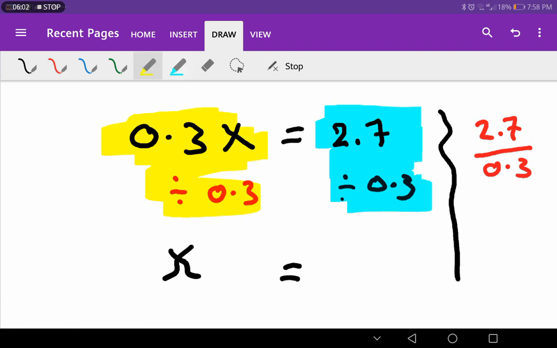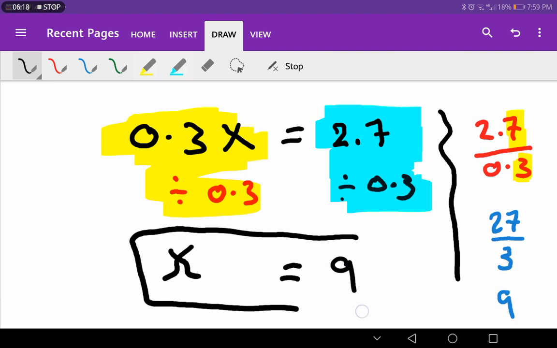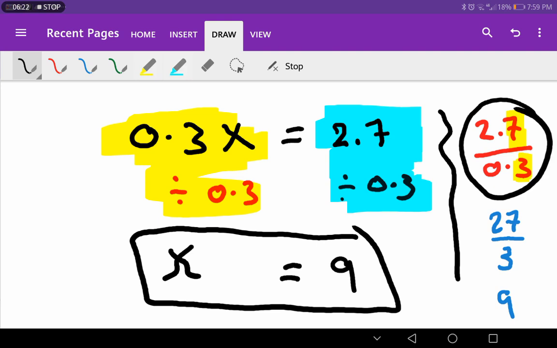If you have the same number of digits after the decimal, one up and one down, you directly ignore the decimal point, so it will be 27 divided by 3, and this equals 9. So x equals 9, we are done. It is easy, yes? If you have this situation, you ignore the decimal point directly and the answer will be as it is. Don't get confused, my dear students.